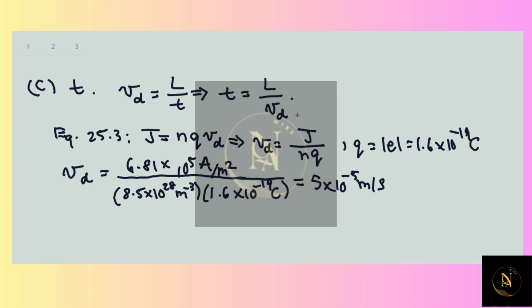And then we use the formula for time that we have up here. Time is equal to length over drift velocity, and we're given a length of 4 meters, and we just now found the drift velocity.